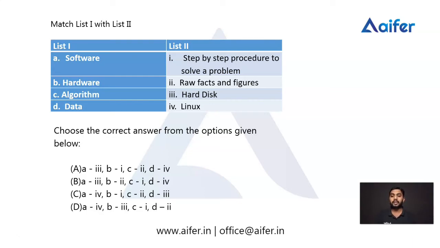Option A is A3, B1, C2 and D4. B is A3, B2, C1 and D4. Option C says A4, B1, C2 and D3. And option D says A4, B3, C1 and D2. Which option is correct? We need to understand that.